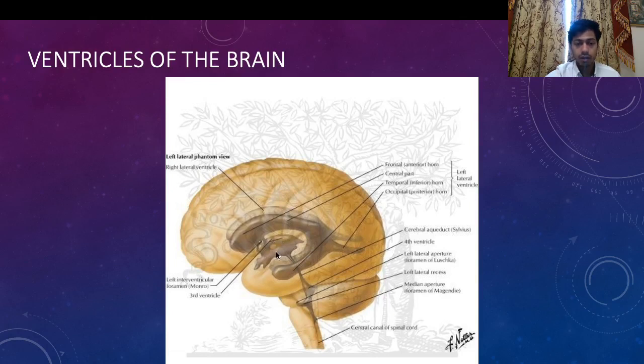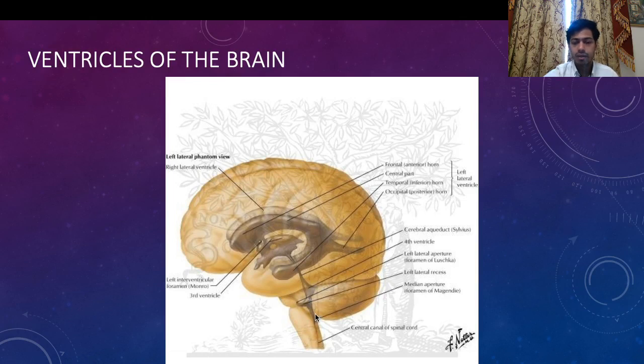So you've got the third ventricle here, and the choroid plexuses are secreting the CSF, which is communicating with the fourth ventricle via the foramen of Monro, and then it is also going through the cerebral aqueduct, which is the main aqueduct for transferring all the CSF produced down far away from the brain.